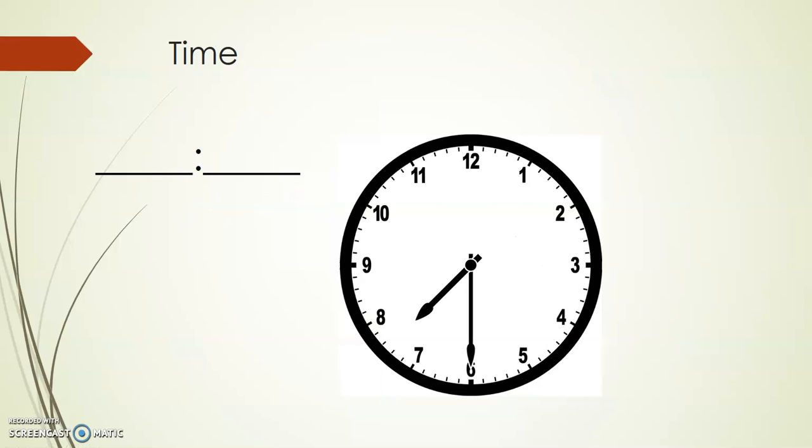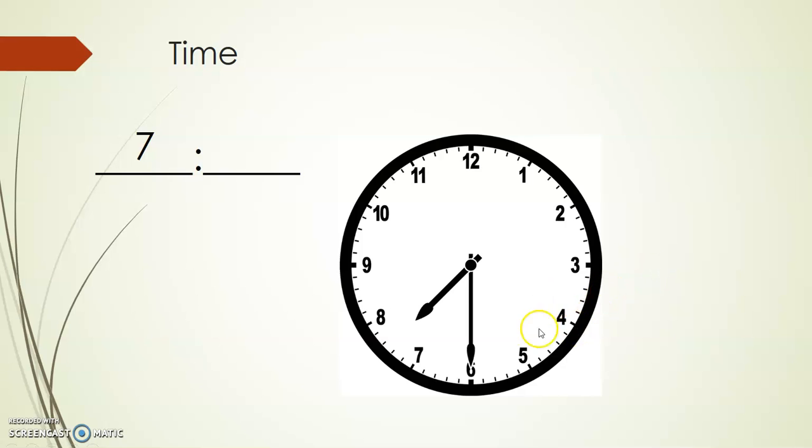Let's keep going. The next one we see, the short hand isn't really pointing directly at a number, but it's just past the 7. Has it made it to the 8 yet? No, it hasn't. So we know it's still in the what hour? The 7 hour. So our first number is going to be 7. Now, when the big hand points up, it's o'clock. When the big hand points down, it's 30. We know it's 30 because we've been saying this since the beginning of the school year.